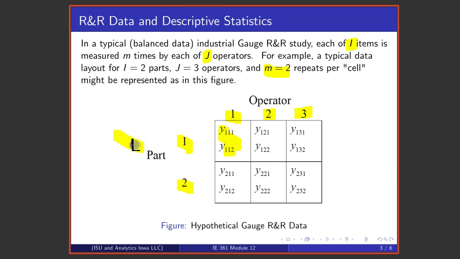If one had only a single row, then the methods of module 11 could be used, but it's more common in industrial context to involve multiple parts so that the study has a chance to involve the kind of variation in measurands that will be seen in application of the measurement device.